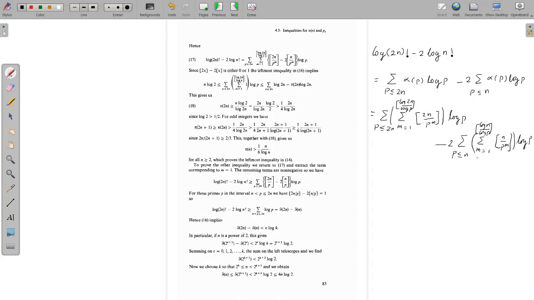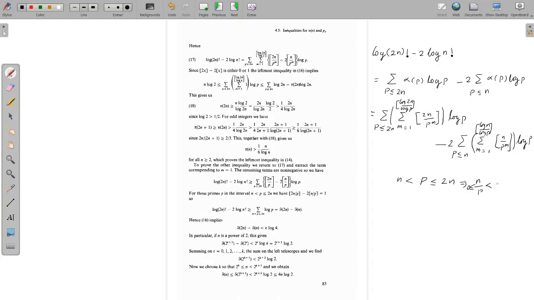Okay, so when you consider this, we cannot compare these two terms right now, because the summation is over p less than or equal to n, and here the range of the summation is p less than or equal to 2n. But if we consider this summation for any p greater than n and up to 2n, we have n by p always greater than or equal to 0, because this is always positive.